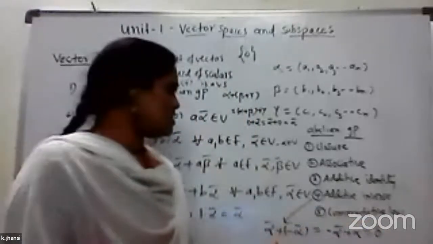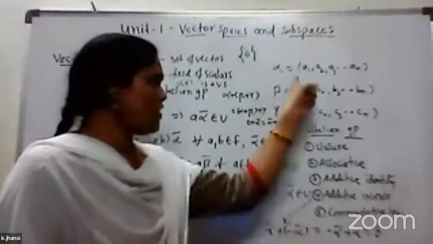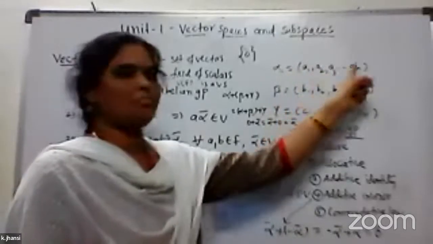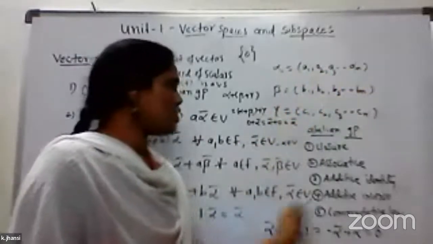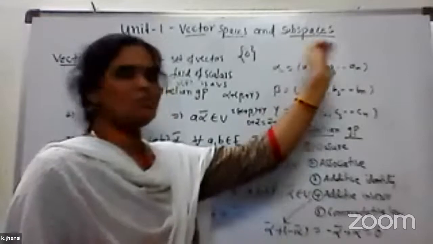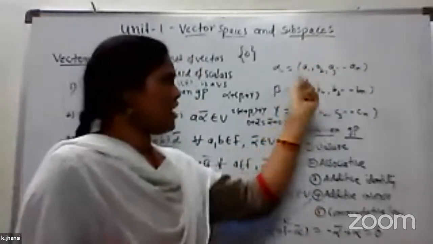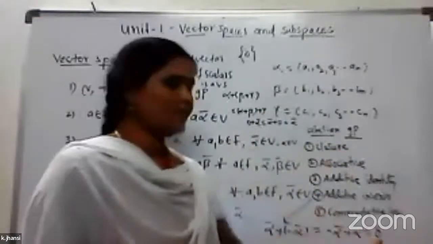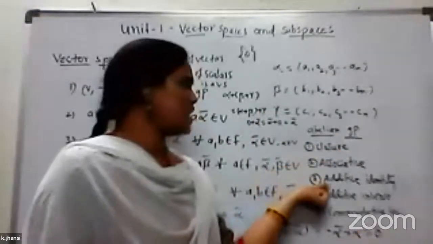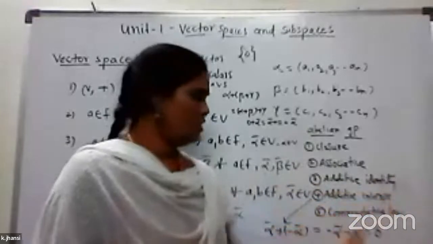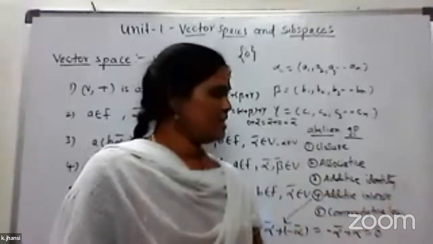So this is the additive inverse. Here alpha has A1, A2, A3 up till AN. You can take its negative, meaning minus A1, minus A2, minus A3 up till minus AN. When you add these positive and negative values, you will compulsorily get the 0 vector. So it satisfies the additive inverse also, where the identity element is 0 bar.